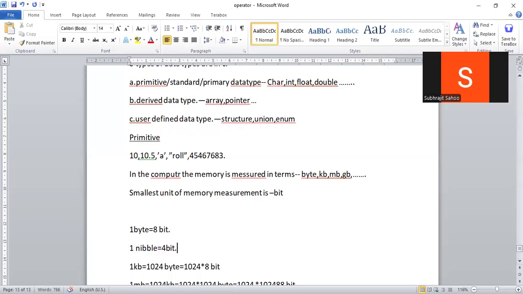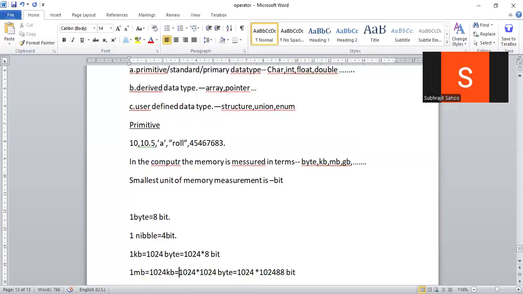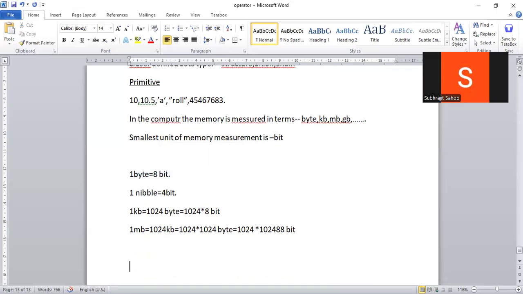So these are the several units of measurement of computer memory, right? We have to focus on this: one byte equal to 8 bit. In most cases this concept will be used, because every explanation is based on this one only, right? So this is some idea about computer memory measurement.